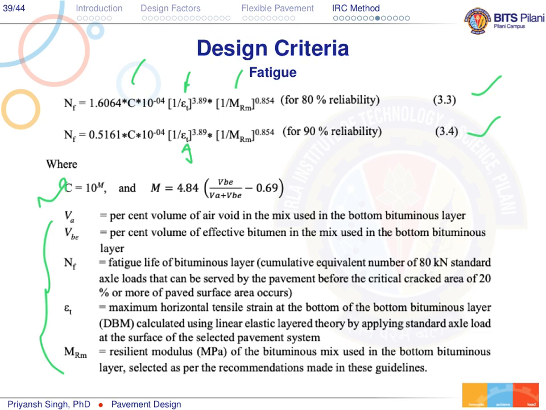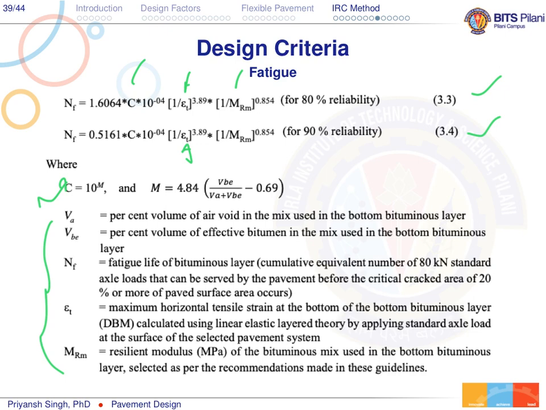So now you have calculated the number of passes the pavement can support without failing in rutting and without failing in fatigue. You also know how many passes are going to come on your road based on your traffic calculation. The number of passes which the road is going to have in its design life should be less than the number of passes it can support in rutting and fatigue.